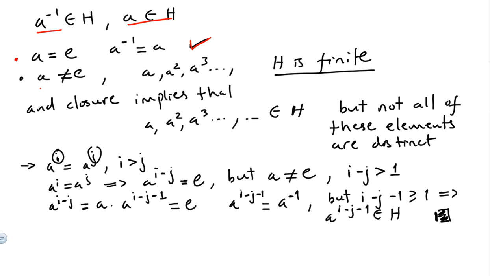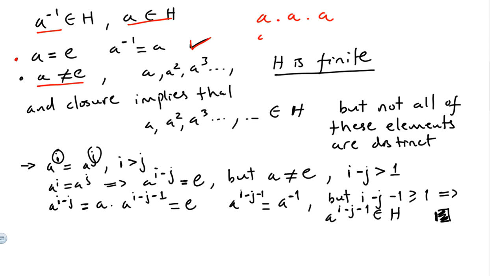Now the second possibility, second case: a is not the identity. So we pick a, then we do the operation again with a, and again with a.